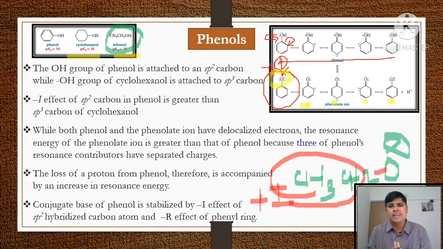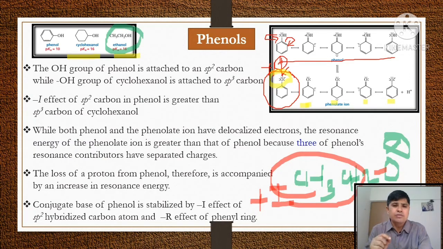Now why is phenol less acidic than carboxylic acid? See, in case of carboxylic acid, for example, we will take an example of benzoic acid. There is formation of the benzoate anion as the conjugate base, and that benzoate anion will get stabilized by resonance.